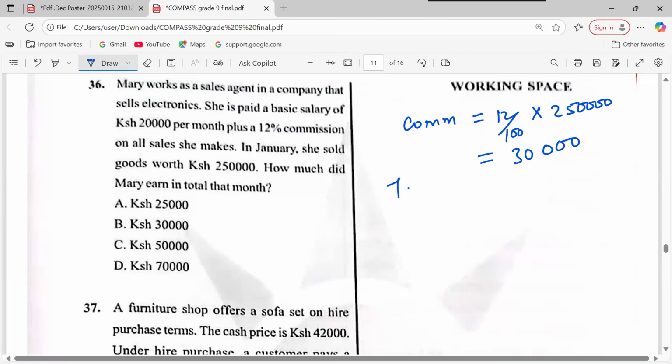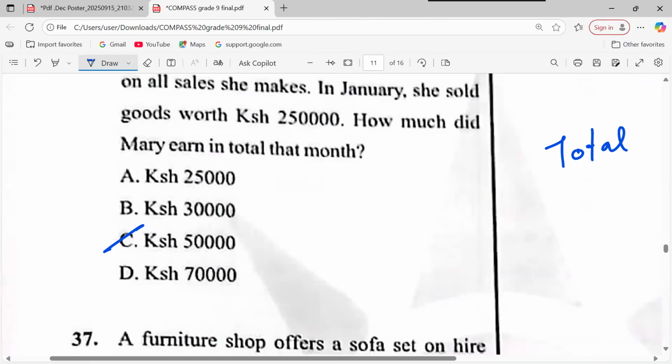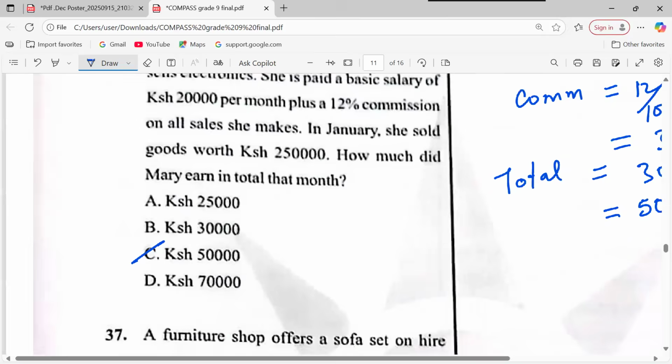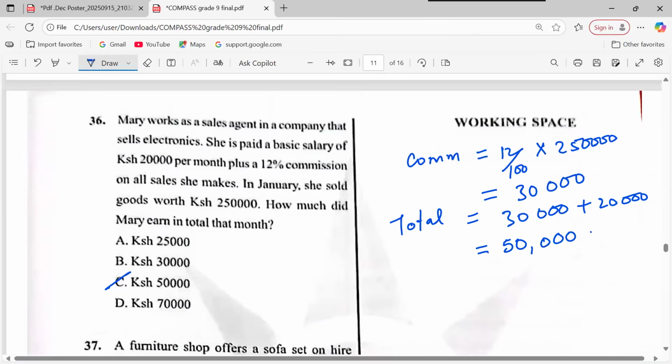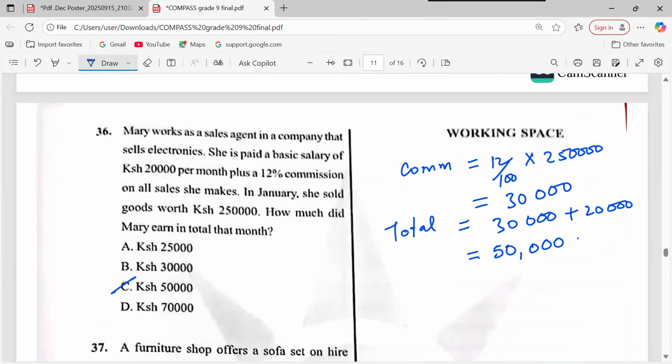But now the total earning for this particular month shall be the commission plus the basic salary that she gets per month. So we will have 50,000 as our salary this particular month. Yeah, 50,000. That's what Mary shall earn.